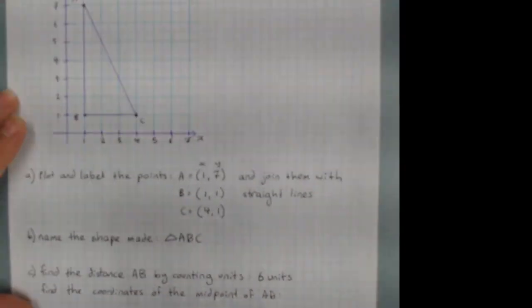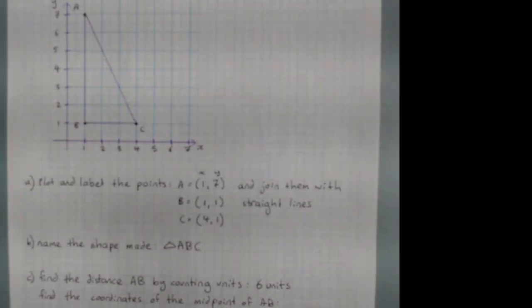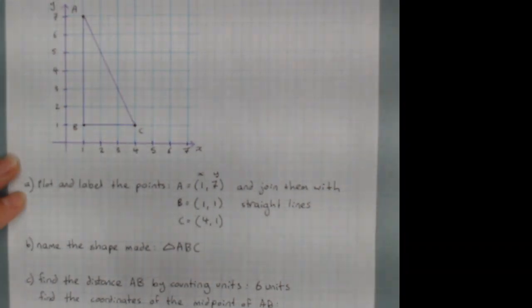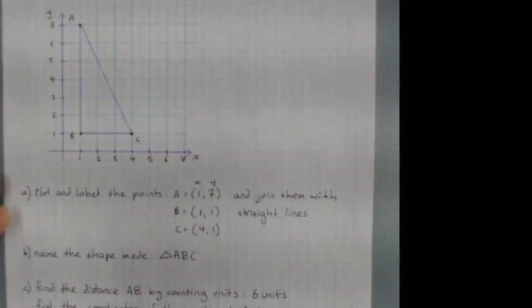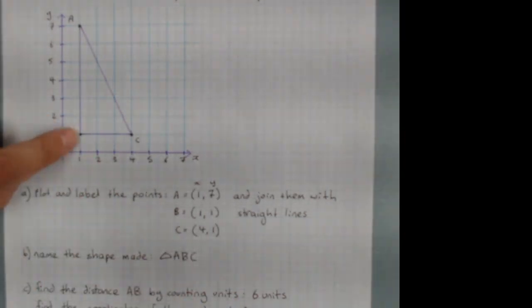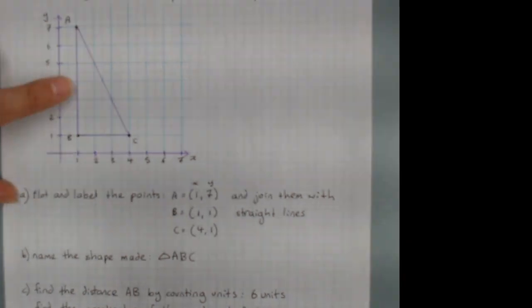Find the coordinates of the midpoint of AB. Now the midpoint is the point that's halfway between two other points. So halfway between A and B. There's a couple of different ways we can do that, but simply counting, we know the distance is 6, so half of that is going to be 3 units.